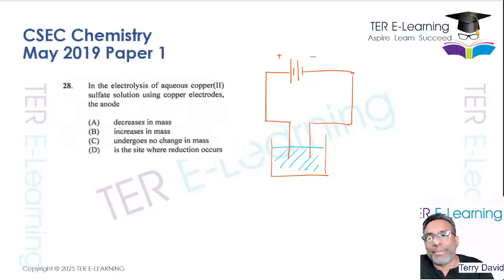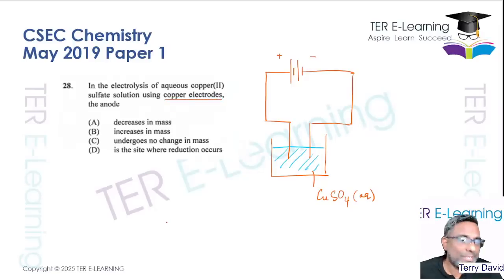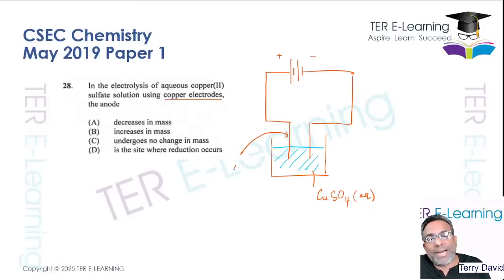Now, what's going to happen? They told you that it's aqueous copper 2 sulfate, so that's CuSO4 aqueous. And they're telling us that we're using copper electrodes. If you're using copper electrodes, that means the electrodes are active. In terms of your electrodes, this here is going to be your anode, that's your positive electrode.